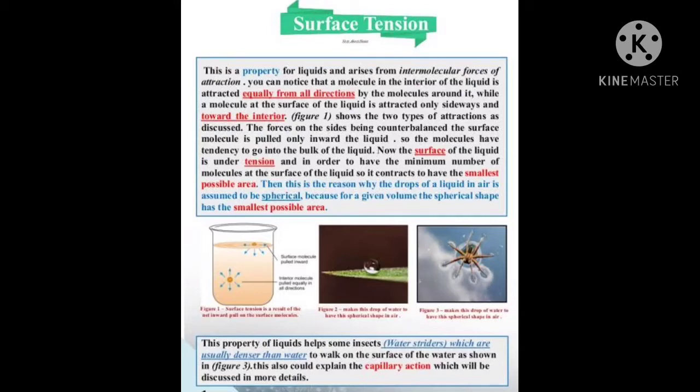Liquid molecules possess surface tension, and surface tension is due to the intermolecular forces that are present in between the molecules. So these forces also present at the surface of liquid.